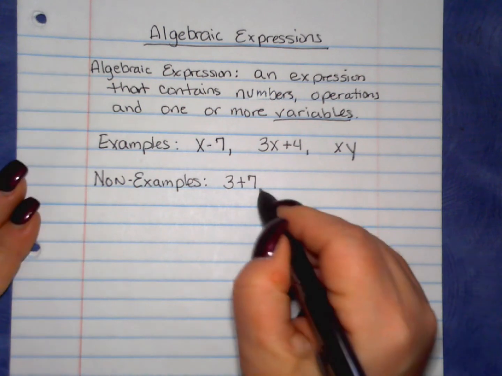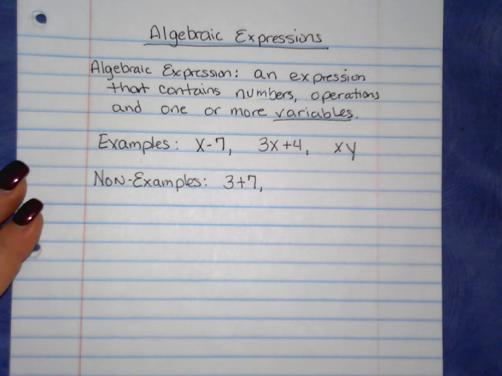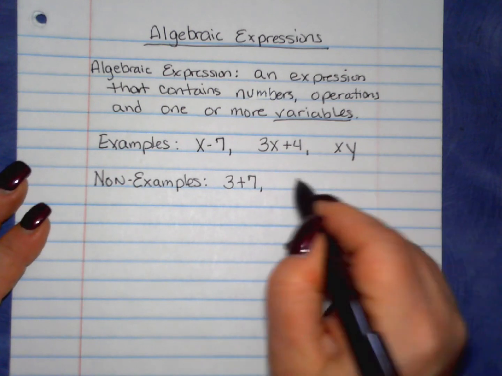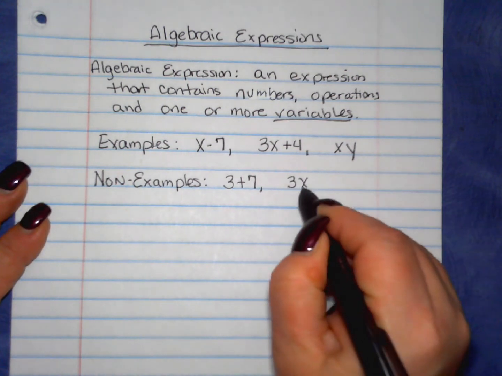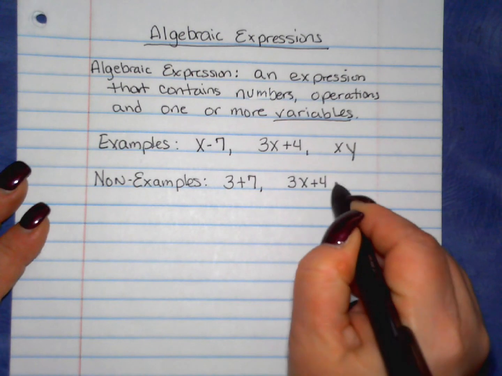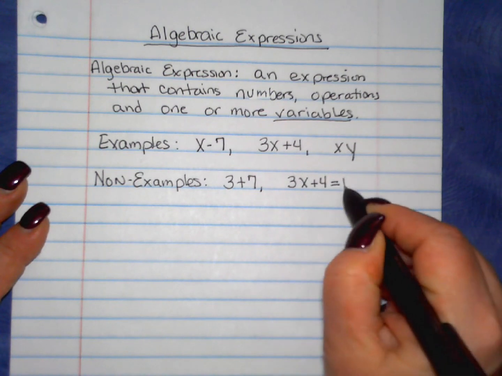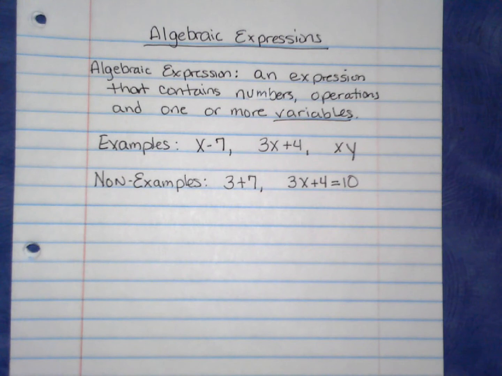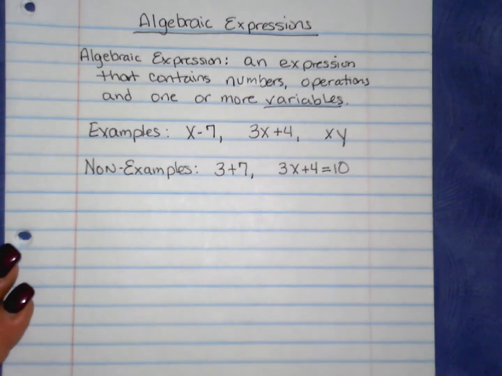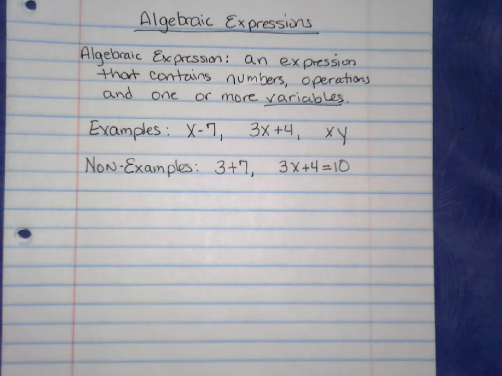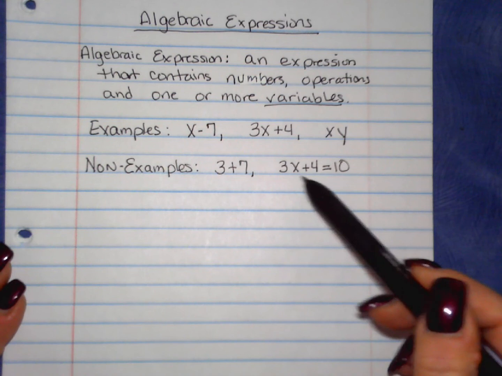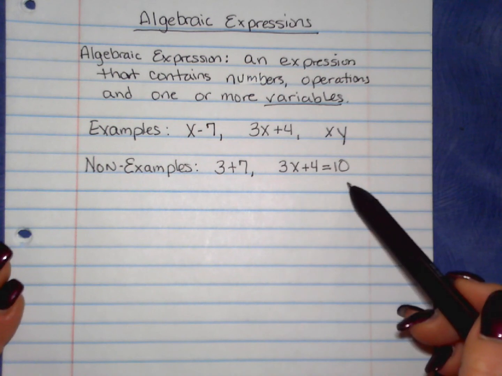Okay, and then this is also a non-example. 3x plus 4 equals 10. And so you might say, but Mrs. Rodriguez, I see numbers, I see operations, and I see variables. I see them all. Why isn't this one an expression?